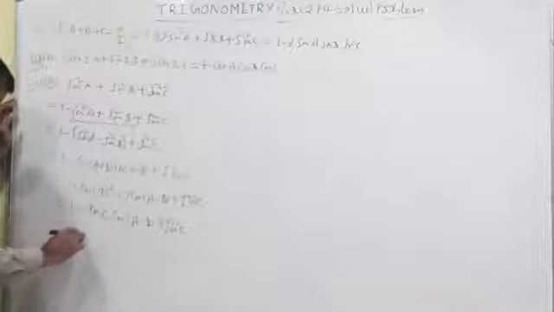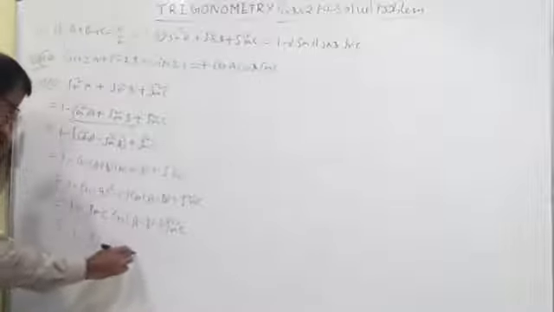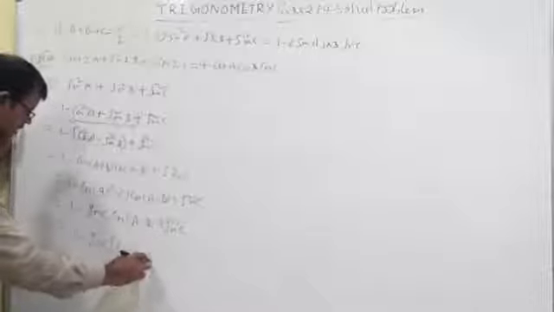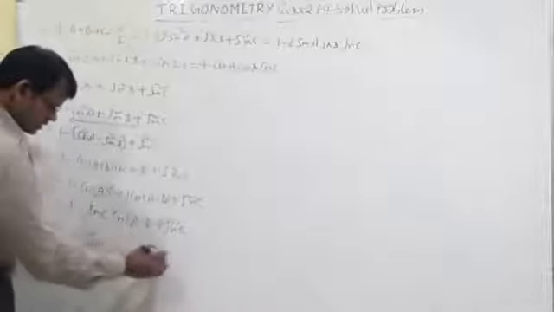That is equal to, we can take common sin C in these two terms. We can write as cos of A minus B plus, minus is there.